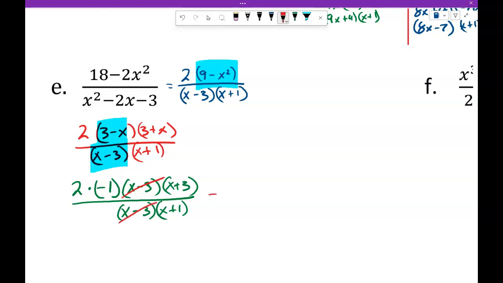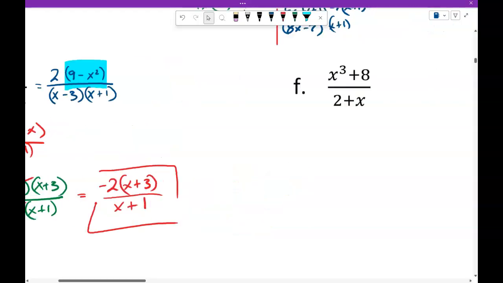X minus 3 eliminates, and we simplify to negative 2, x plus 3 over x plus 1. As a note, always want to leave your numerator and denominator as factored as possible. Even if you still have some multiplication left over, you do not need to distribute it. Leave it completely factored.